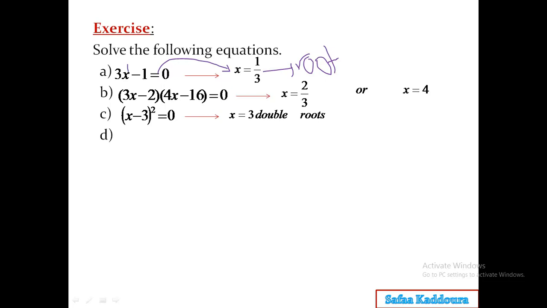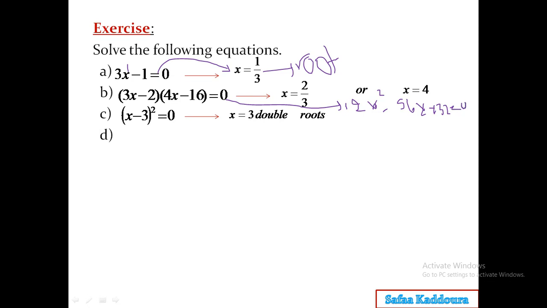Now, 3x minus 2 into 4x minus 16 equal to 0. This equation, my student, is in reality a quadratic equation, because if we expand it, we will get 12x squared minus 56x plus 32 equals 0.